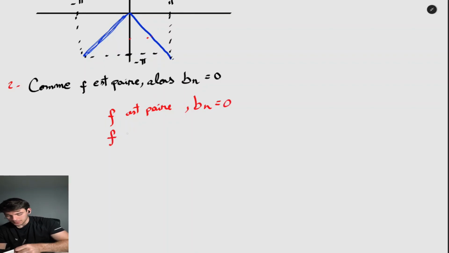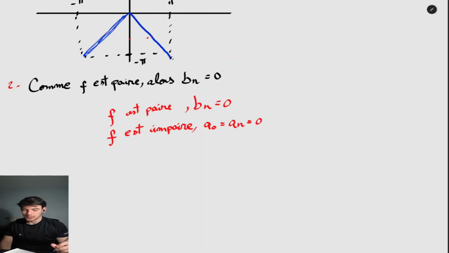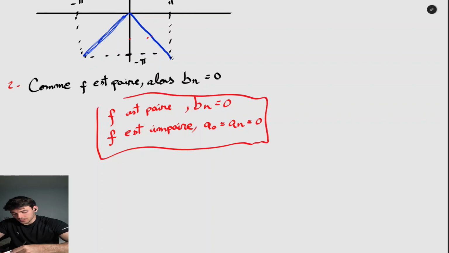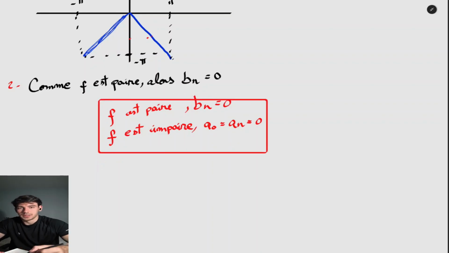And if your function is odd, then you'll have a0 equals an equals 0. So that's the general rule. You can know that by heart, it will help you. So now I'll explain the logic of it, but in the context of just solving exercises, you'll only need this. But I guess the logical part is important as well, so I'll explain it right now.